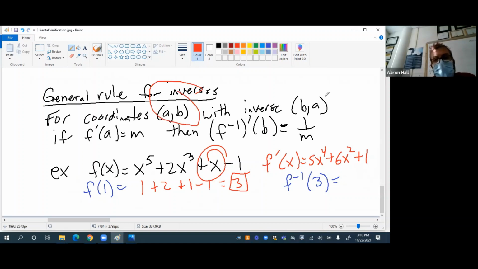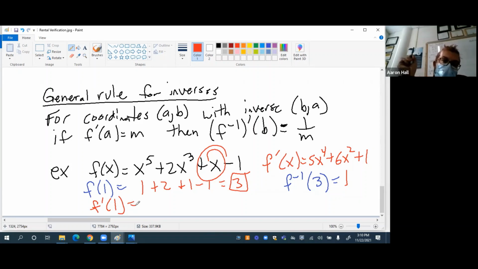Consider these points. What happens to your x and y's? They switch. So if I have f of 1 equals 3, then what's the inverse of 3? It's 1. Okay. Now if I find the derivative of this, f prime of 1, that's the slope.